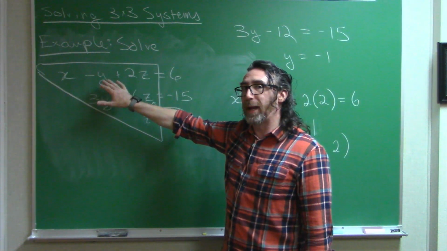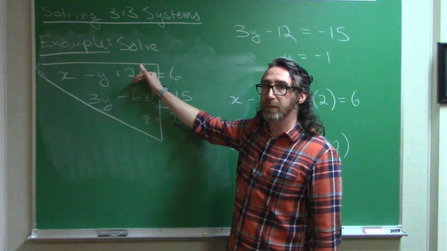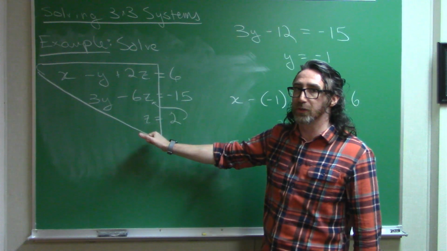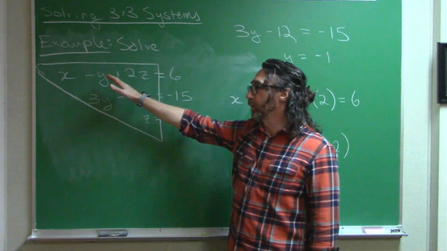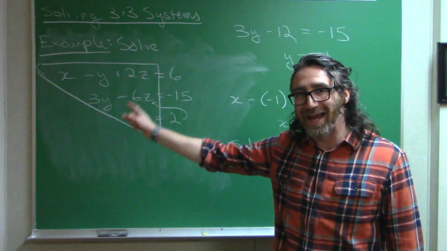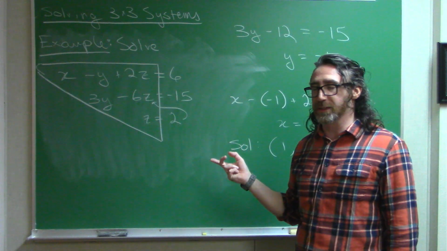So to do back substitution, your system has to look like this. First equation involves all 3 variables, then 2, and then finally just 1. I often call this triangular form. So your system has to look like this for you to be able to do the back substitution process.